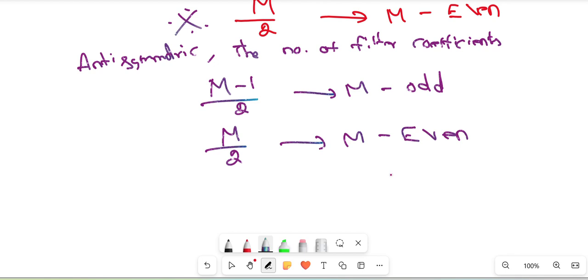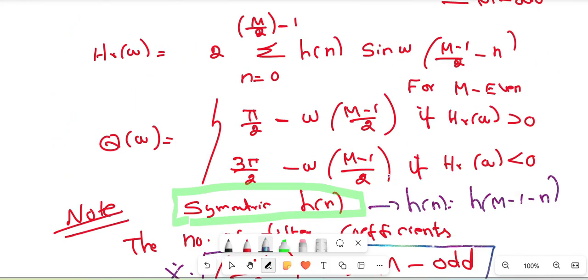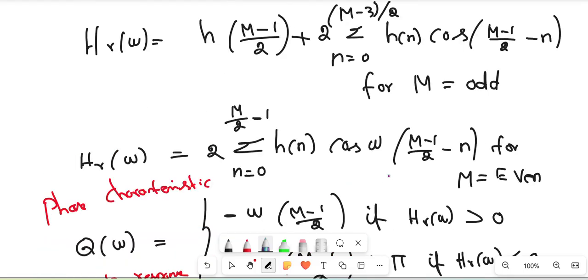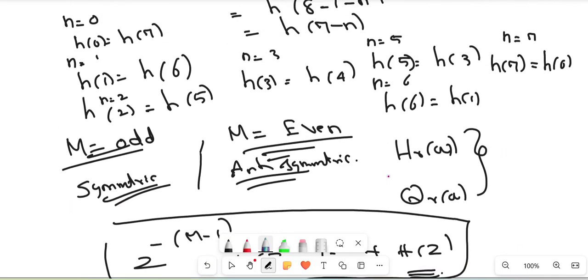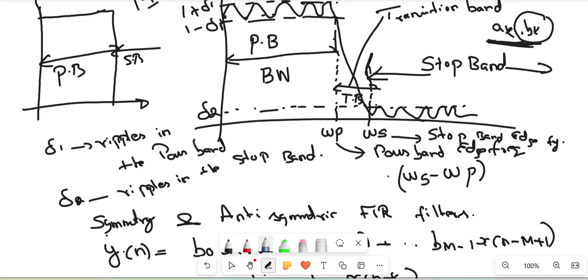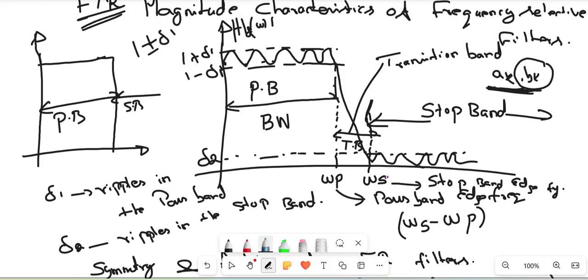And in the second video we discussed the ideal desired frequency response characteristics for the low pass filter, high pass filter, band pass filter, and band stop filter. What are the magnitude characteristics of an ideal frequency selective filter? The ideal one we cannot get, but we can approximate it, we can get closer to the ideal one.